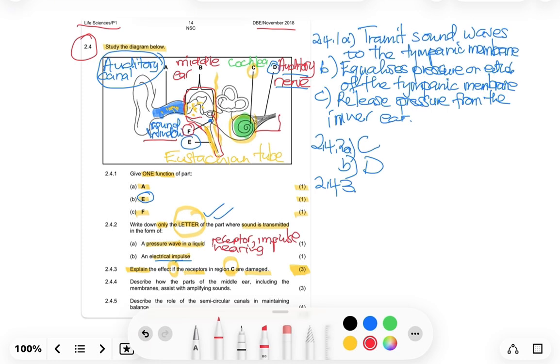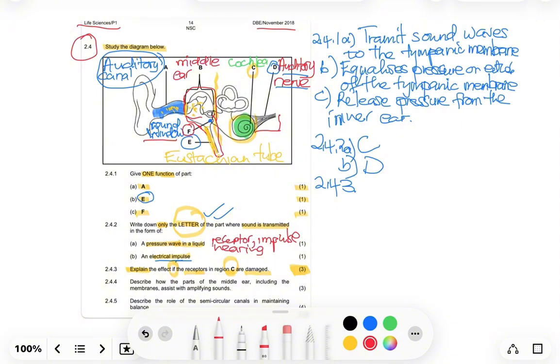And if it doesn't do that, it means we're not going to have a nerve impulse that is going to be sent to the cerebrum of the brain. And therefore, the cerebrum will not have anything to interpret. Therefore, there won't be any hearing that will take place in that individual. All right. So let's write the answer down.